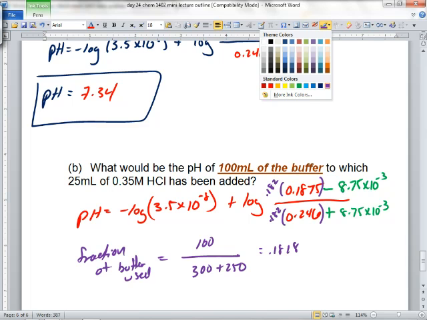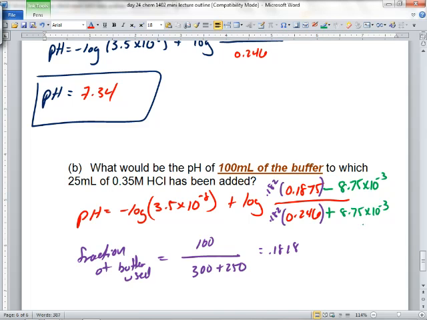Where did it have 8.7? All right, that's the number of moles. So that's really just 0.02 times 0.35 moles per liter. That's another way to do it. I think that's faster than using the equations, but either way works.